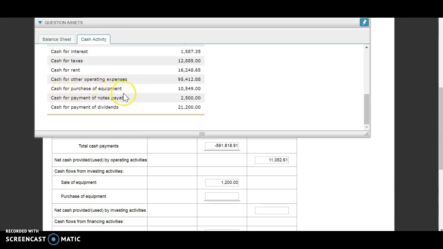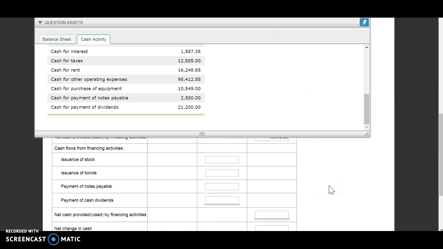Cash for purchase of equipment. So remember, don't forget your negative sign. So minus 10,549. I need to figure out my net cash again, so I'm going to subtract those two. I'm going to take 1,200 minus 10,549. That will give me a negative number of minus 9,349.